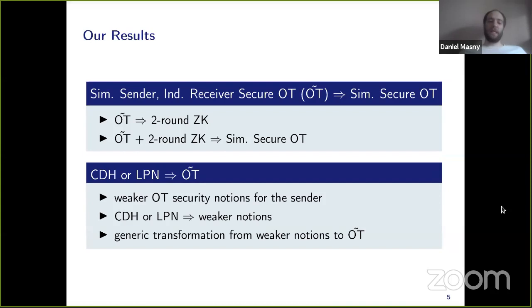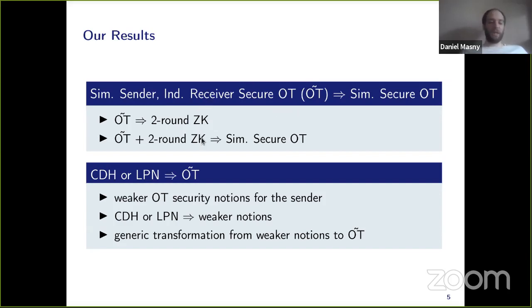So what we do in our result is we first show that indistinguishability security for the receiver together with simulation-based security for the sender is actually sufficient to construct an OT with simulation-based security for both parties. So if you want to construct simulation-based secure OT, it's sufficient to consider simulation-based security for the sender and indistinguishability-based security for the receiver.